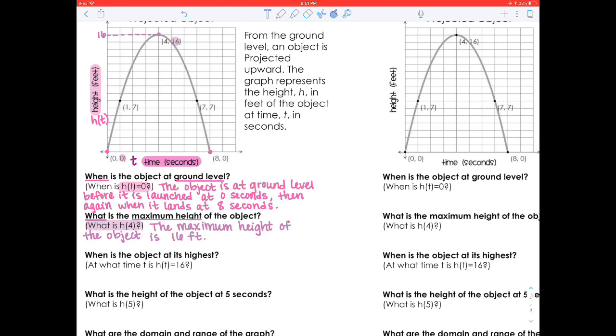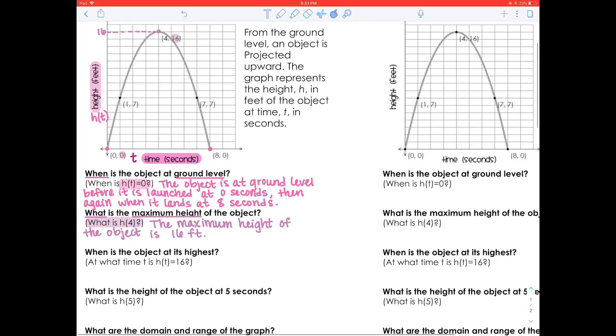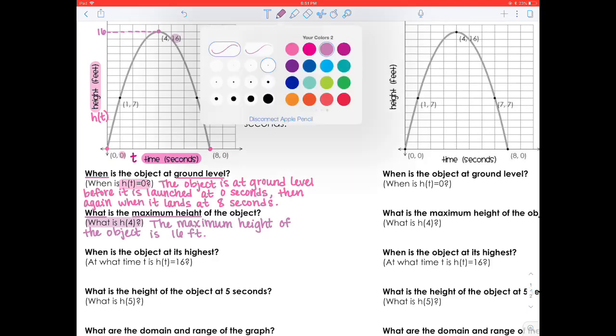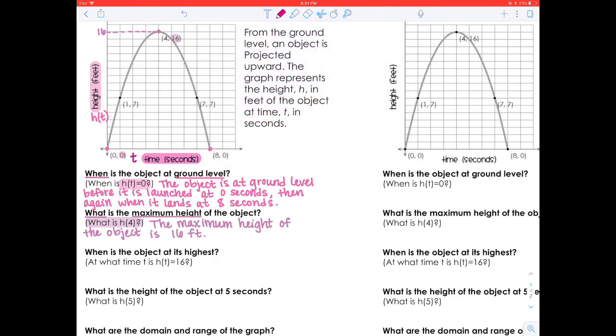Now it's asking, when is the object at its highest? If it's asking for when, am I asking for a t value or an h of t value?